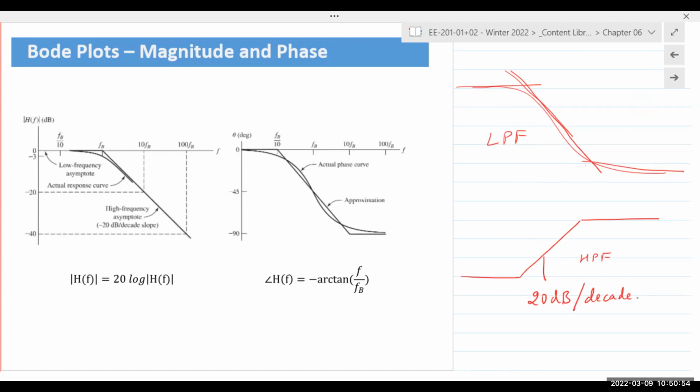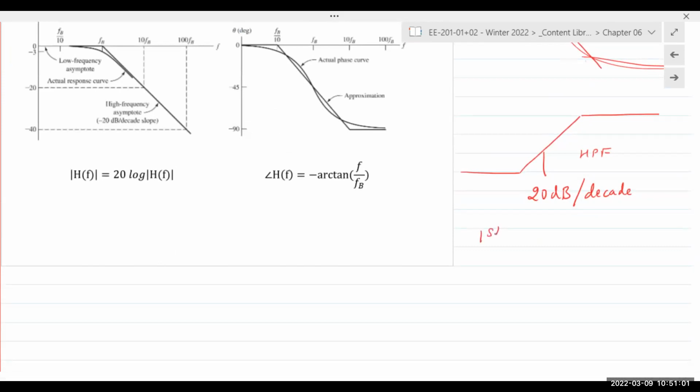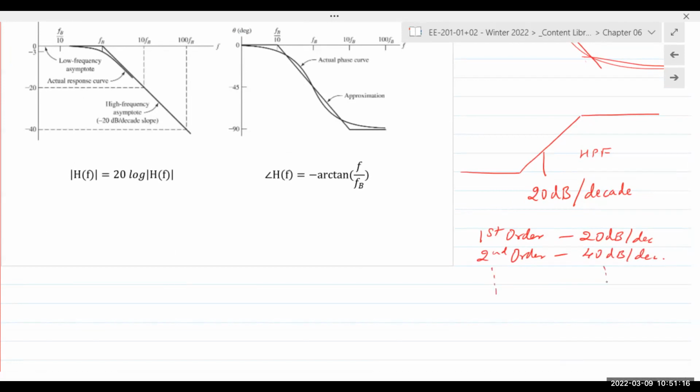And this is for a first order filter. First order filter is 20 dB per decade. Second order filter is 40 dB per decade, much steeper, and so on and so forth.